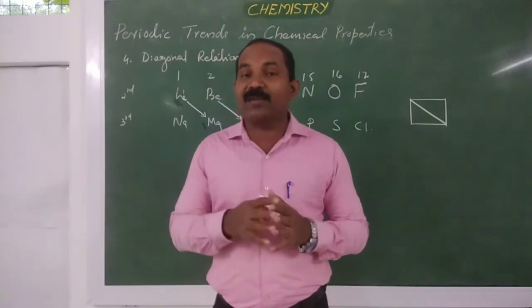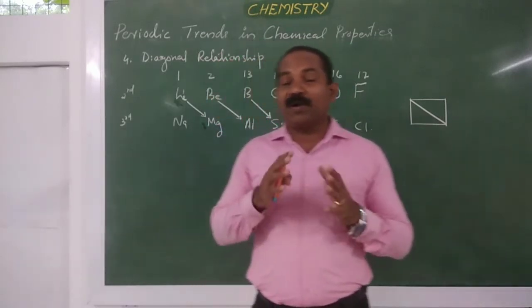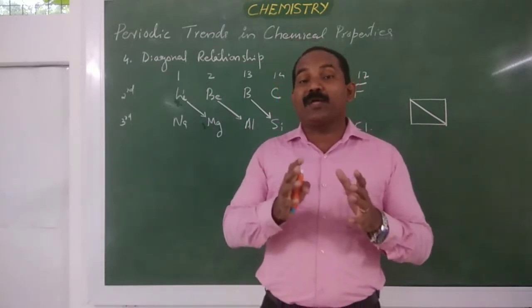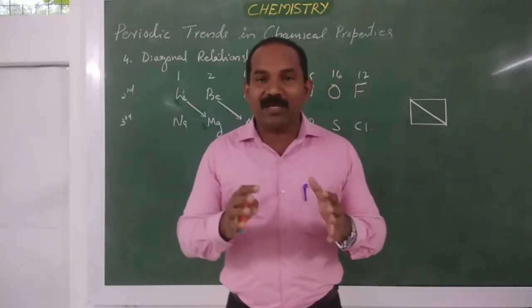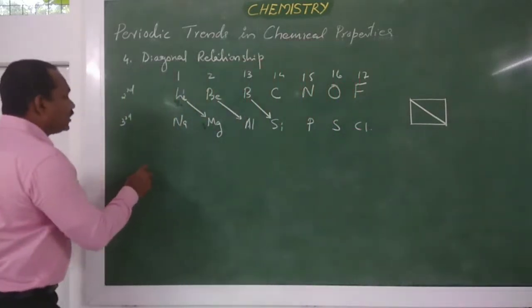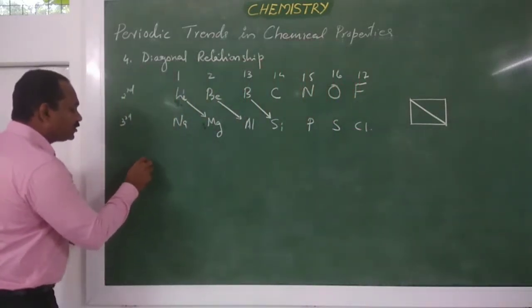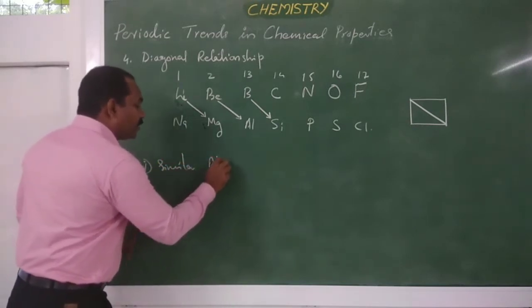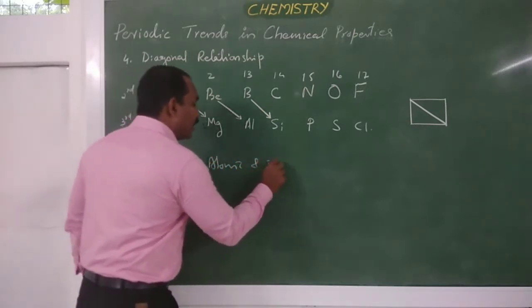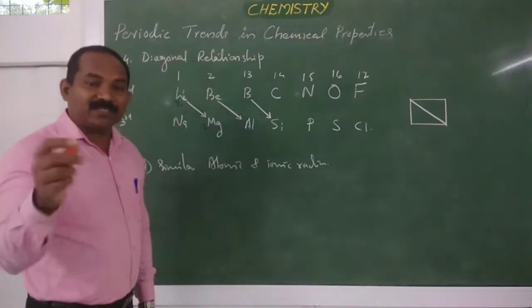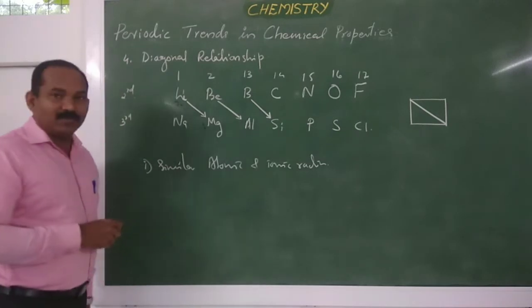What are the different properties? One is similar atomic and ionic radius. Let's take the values.